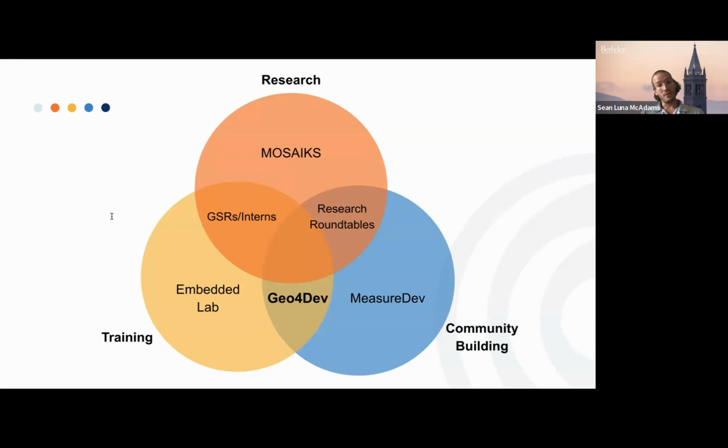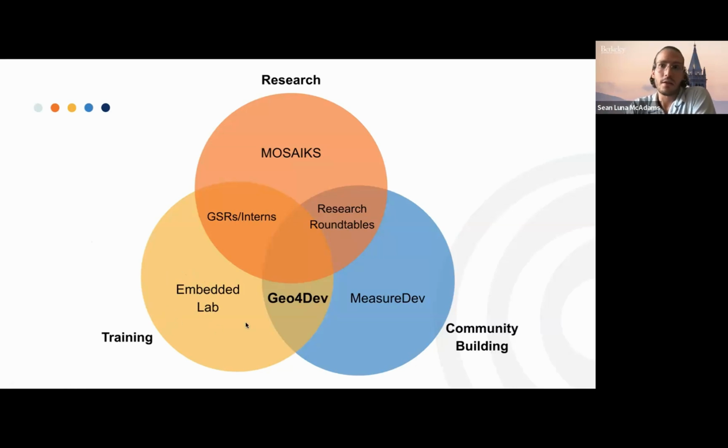And then finally, the other thing that we really care about is training, right? So we developed this tool, Geo for Dev. I highlighted it here to situate this within the broader work of the portfolio. But another area of work that we're really excited to build out, we're in the process of fundraising for setting up a data lab, we're calling it, with one of our partners in Togo with a ministry there.